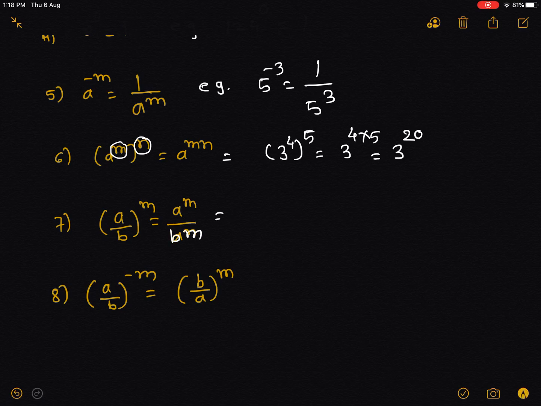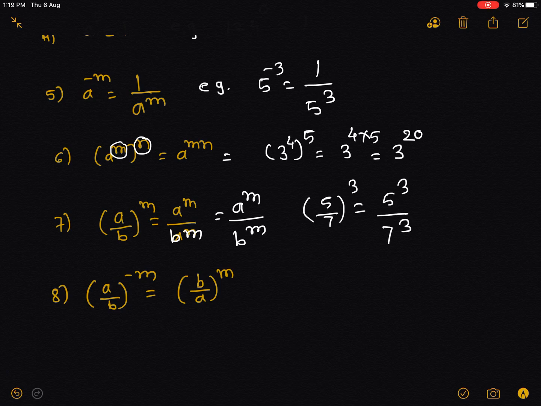See again, a upon b raised to m, that means a raised to m upon b raised to m. See the example, 5 upon 7 raised to 3, it is equal to 5 raised to 3 upon 7 raised to 3.